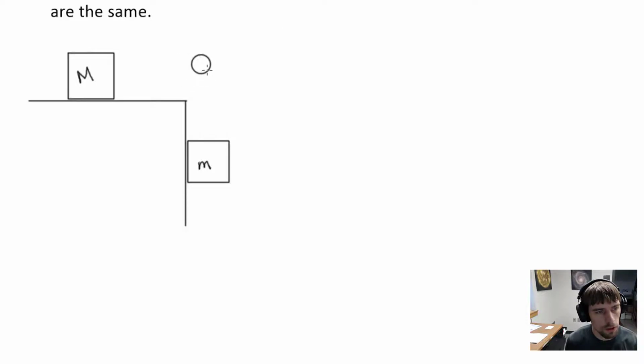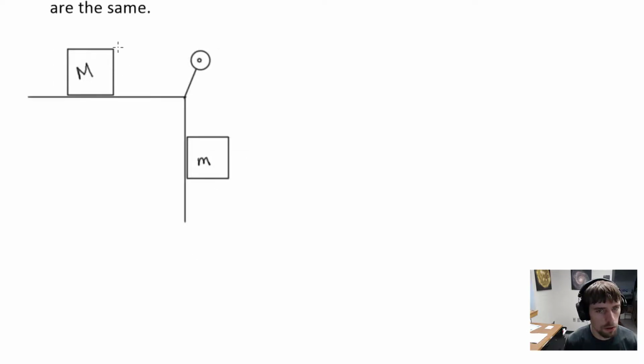So pulley, there we go. So here's the problem. Of course, we need a rope. Let's go ahead and get a rope in here. So I have a rope that passes over the pulley down to the hanging mass.